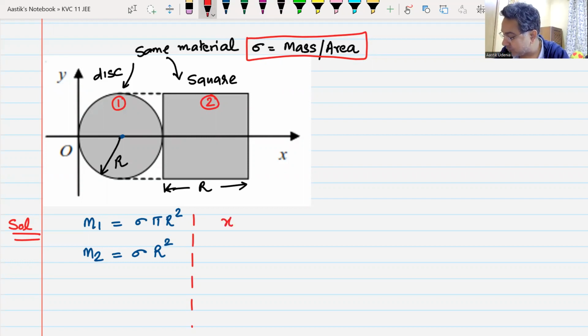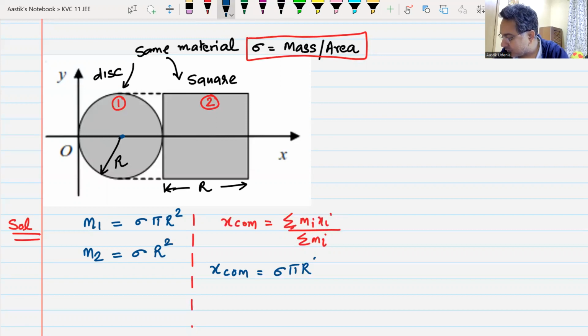To get the x position of center of mass, I have to do summation of mi xi divided by the summation of mi. So the first mass is m1, and m1 is sigma into pi r square.